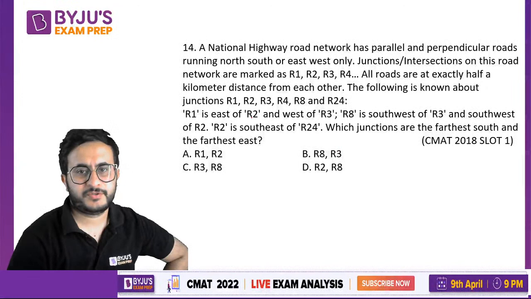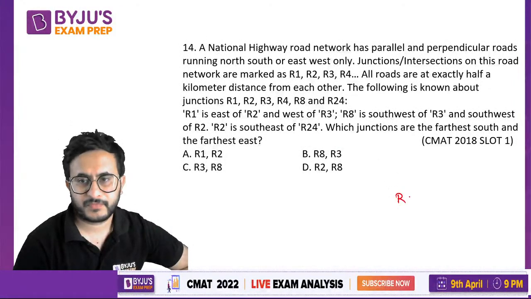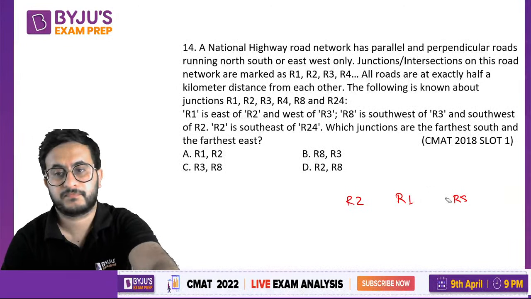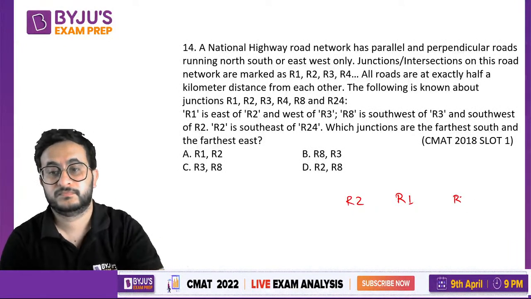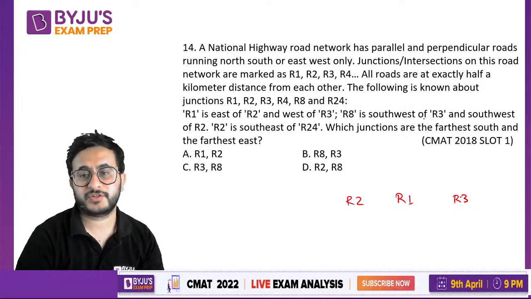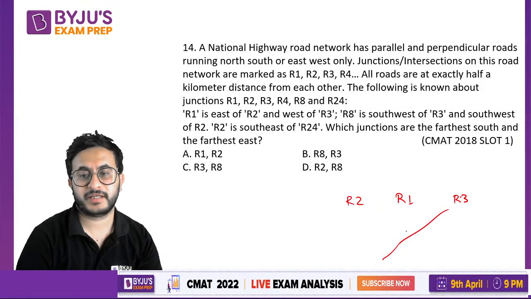So R1 is to the east of R2. R1 is here, east of R2 and west of R3. Okay, so R3 should be to the east side. R8 is southwest of R3. Okay, south and west. So R8 can come anywhere in this line.